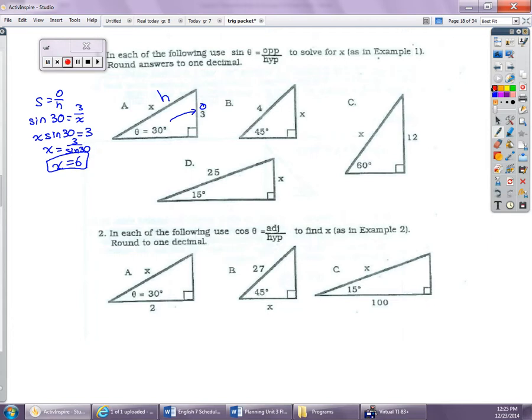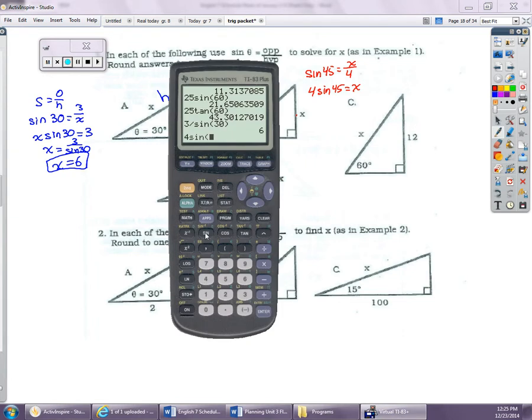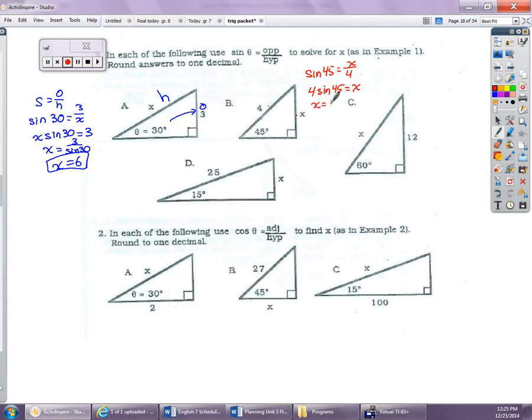So I'm going to move a little bit faster now. When we look at this one, here's our angle, opposite, hypotenuse. So the sine of 45 equals the opposite, which is x, over the hypotenuse, which is 4. So 4 sine of 45 equals x, which is about 2.8. So x is 2.8.